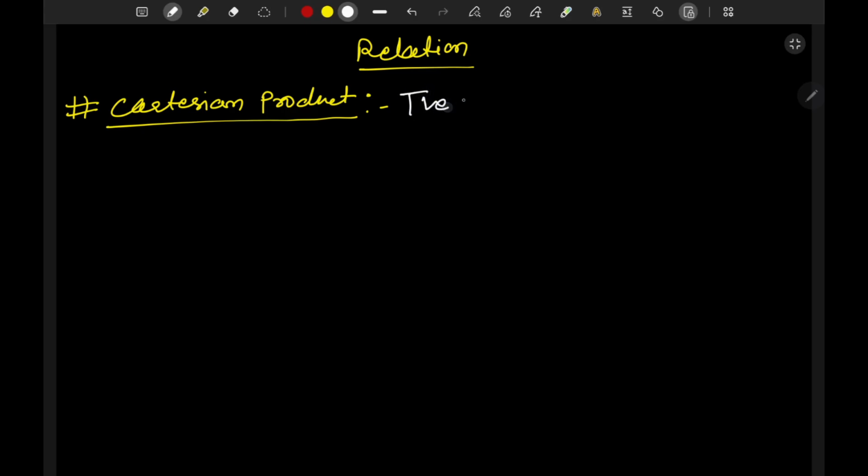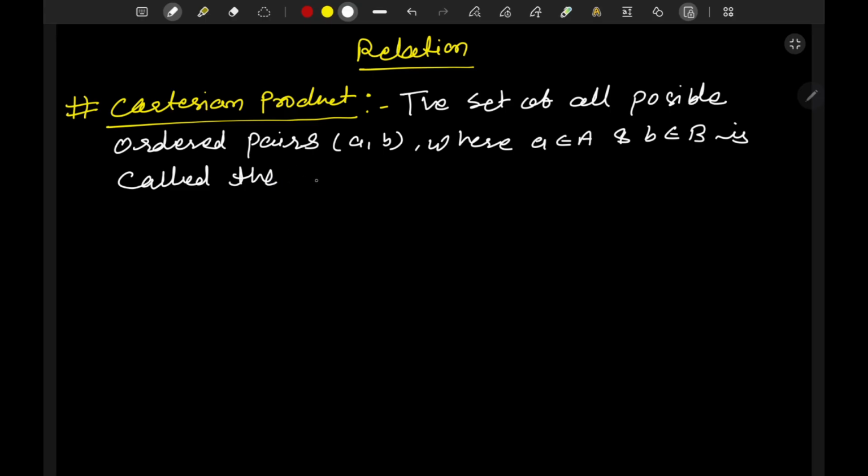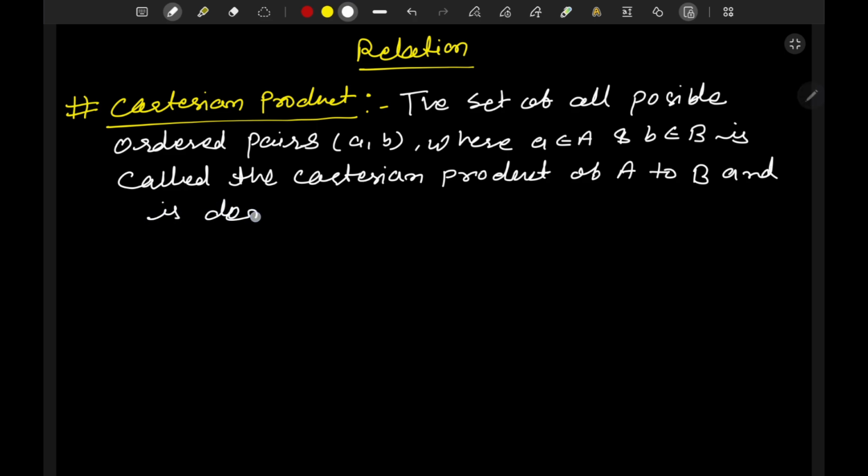The set of all possible ordered pairs (a, b), where a belongs to A and b belongs to B, is called the Cartesian product of A and B, and is denoted by A cross B.